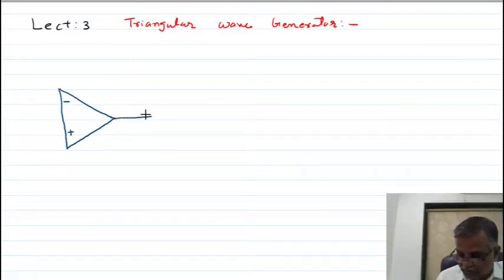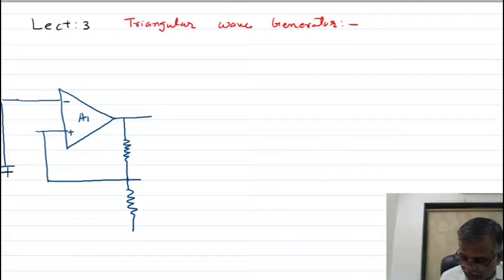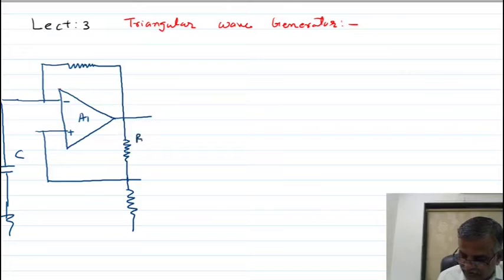I am showing you this triangular wave generator circuit. Your first section, this is A1, generates the square wave output, and here this is your capacitor, this is a resistor R. This is the previous circuit I am showing you: this is a resistor R1, this is R2, this is R3.